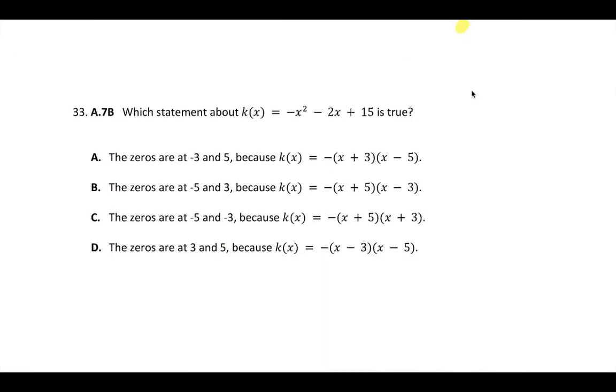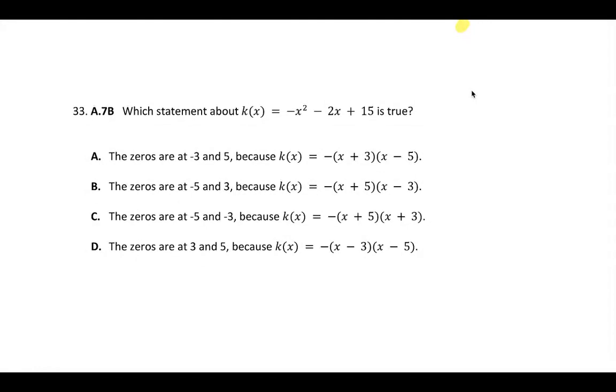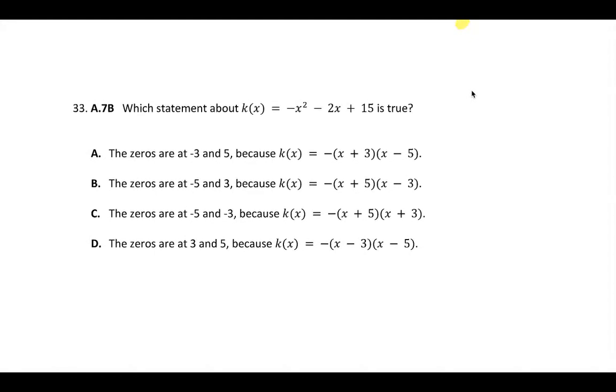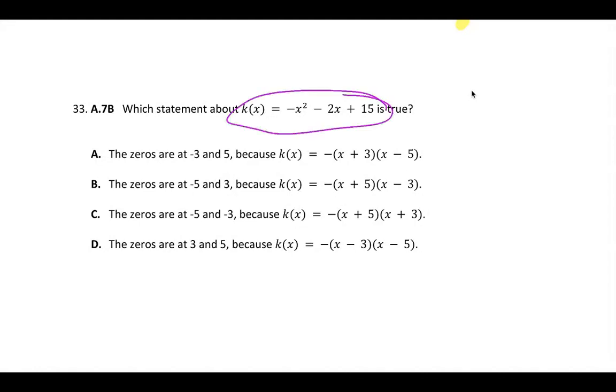Which statement is true? So I'm looking for the factored form of this. So I'm going to factor, or you can plug these in to Desmos and see which ones line up, right?